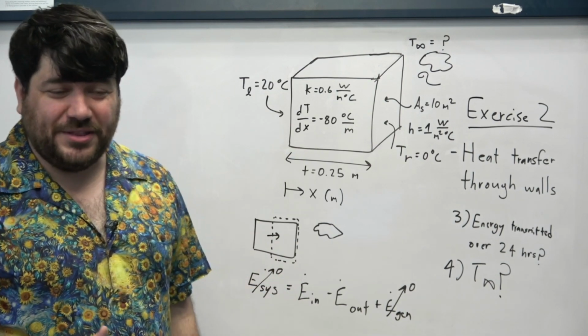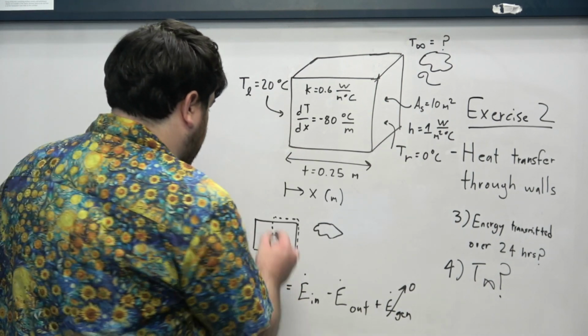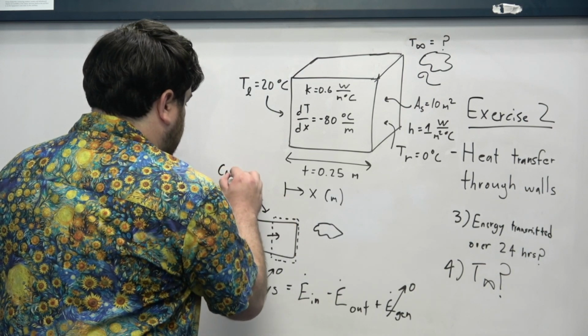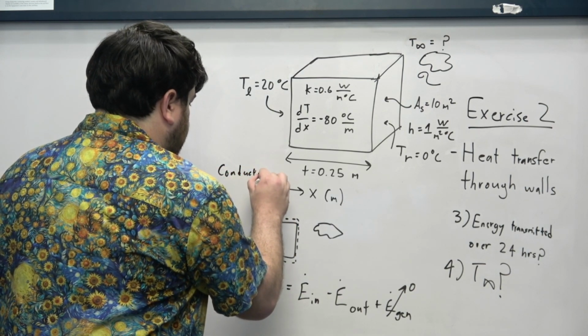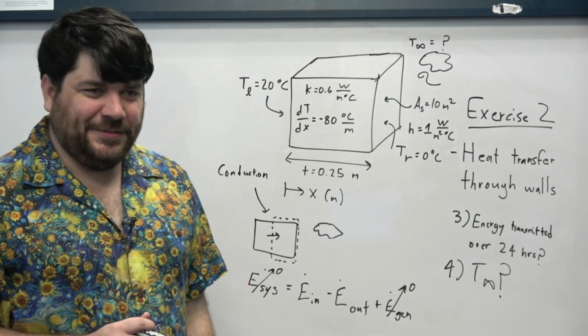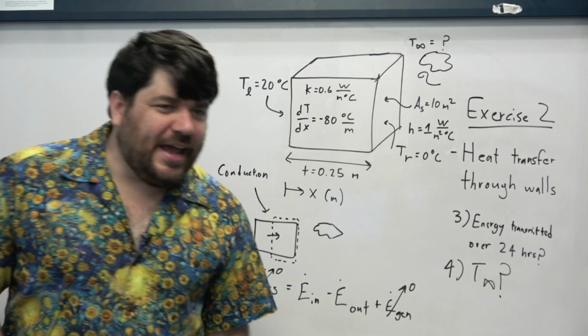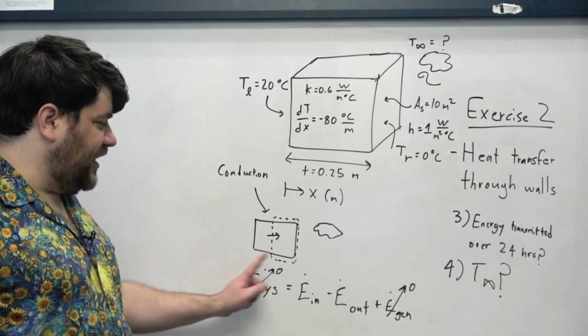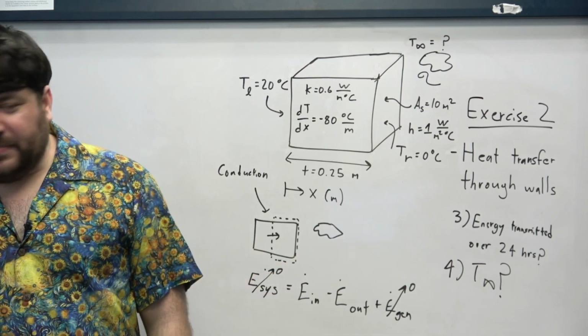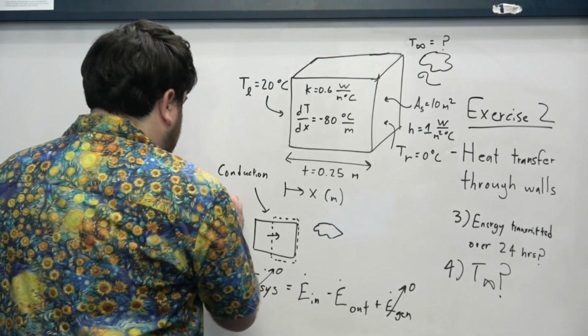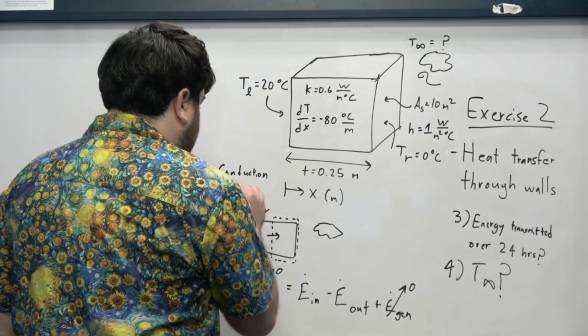We had already figured out what the number for that was. We know that on the left-hand side, thermal conduction is bringing in energy from this side of the wall to this side of the wall at a rate of 480 watts.